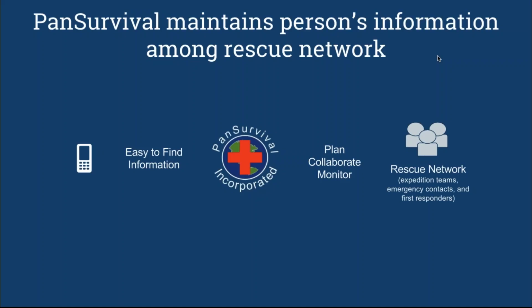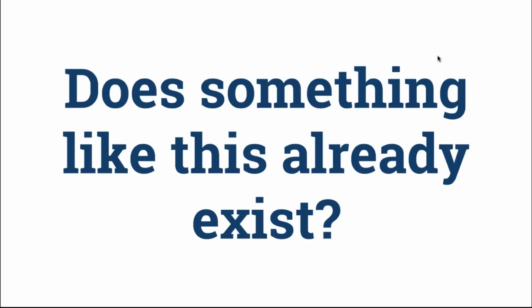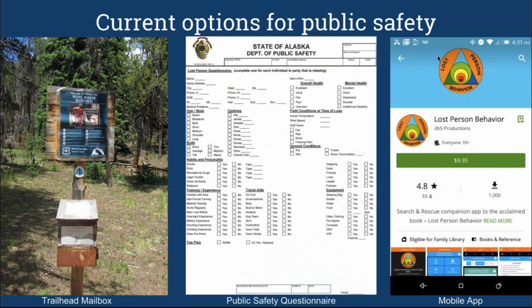But if you go to the next slide, the question is, does something like this already exist? And it does. We can show you what does exist in this next slide. For people going on an expedition who wish to plan ahead, there can occasionally be a mailbox at the beginning of a trailhead, and they can fill that information out and put it in the mailbox.